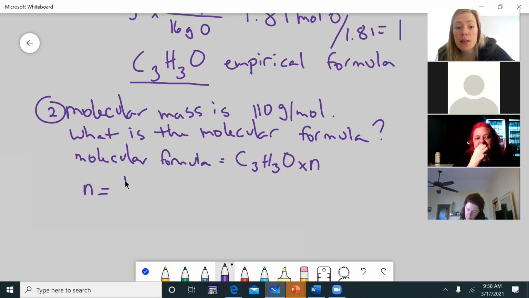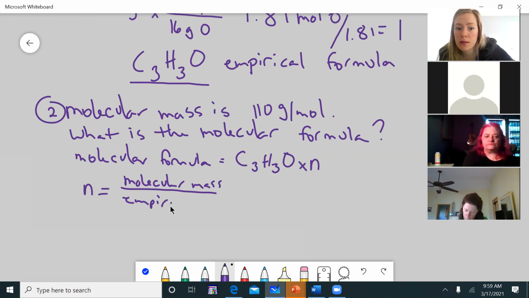N is always going to equal your molecular mass over your empirical mass, which is just going to tell you how many times bigger the actual molecule is than your lowest ratio. So your molecular mass is going to be given to you. You should be able to find it somewhere in the problem. In this case, it's right here.